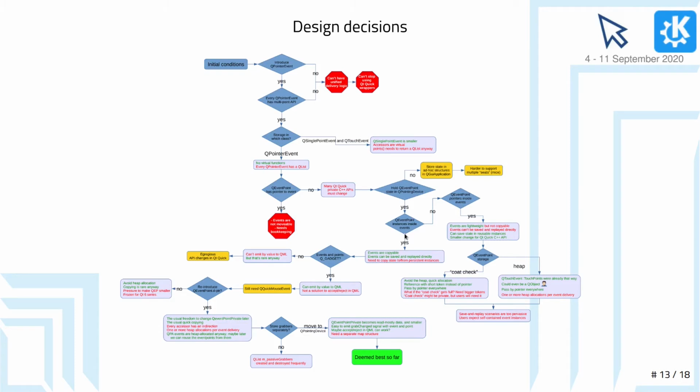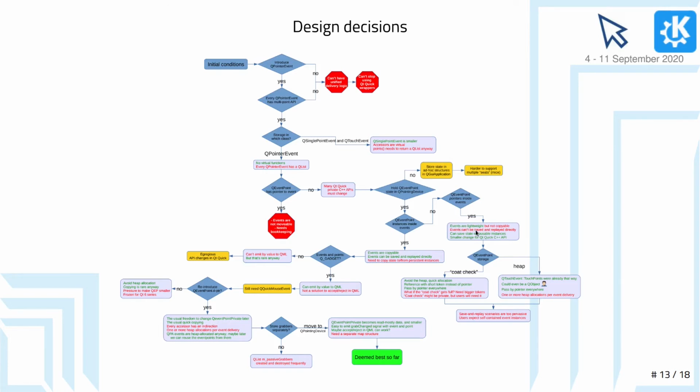Next thing is, do we want to put the event point instances in the events by value? The alternative would have been to put pointers inside the events. And, well, if we weren't going to have a depointer, this is an earlier part of the decision tree, so this was before we decided that event points should have depointers. To avoid copying, we could just have a QList of pointers instead. The advantage is, of course, that the event is lightweight.